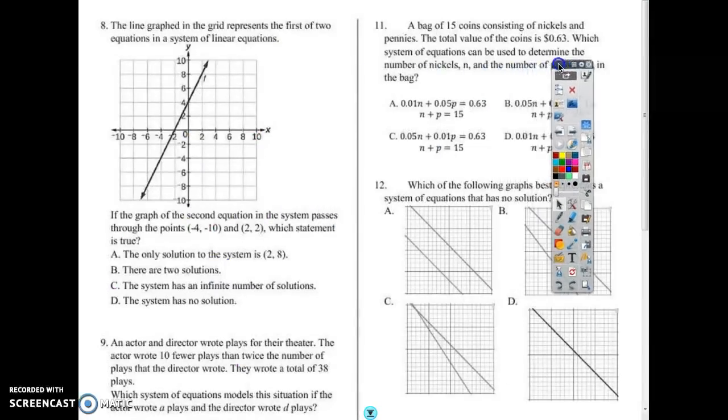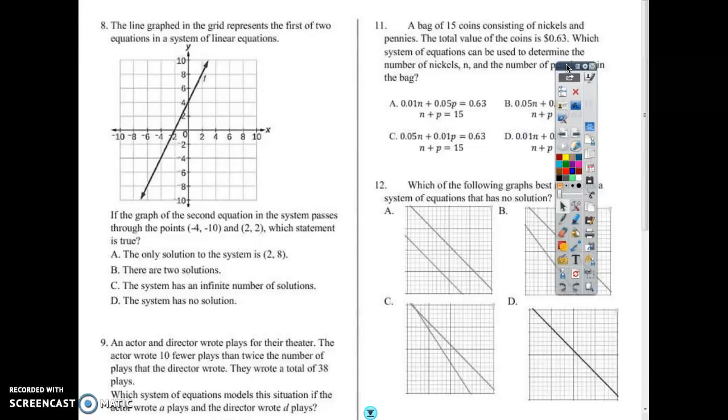Okay, problem number 8. So they gave you one equation. They said if the graph of the second equation in the system passes through the points (-4, -10) and (2, 2). So I can graph (-4, -10), right? And I can graph (2, 2) on here.